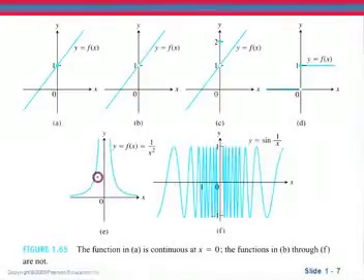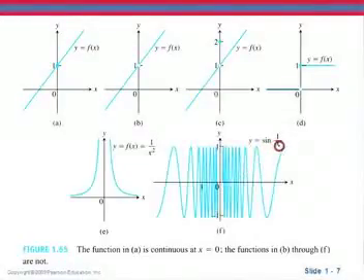If we look at this example, f of 0 does not exist. If we plug 0 into this function, we'll have 1 divided by 0 squared, which we know is undefined. So since f of 0 doesn't exist, it's not continuous at 0. And this one is not continuous at 0. This has what we call an oscillating discontinuity.